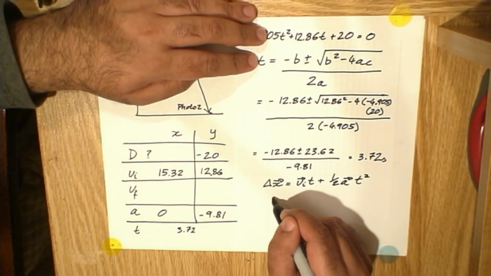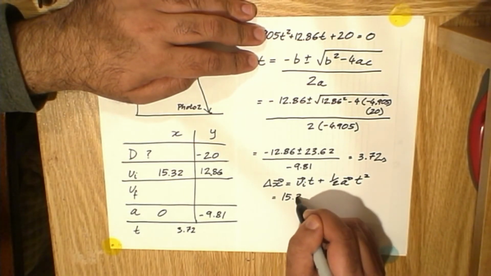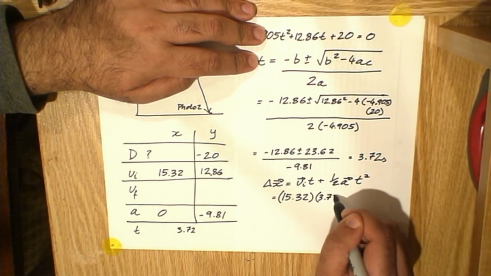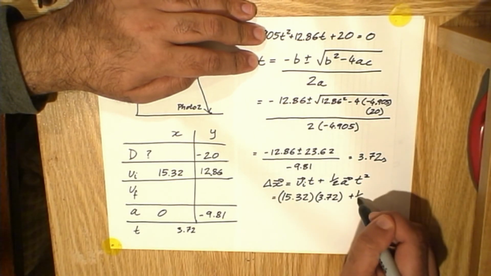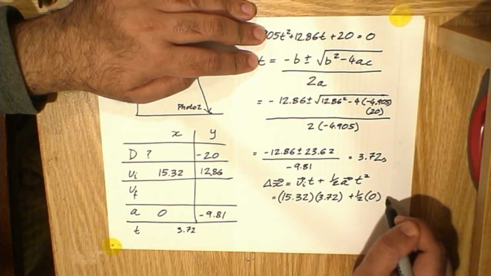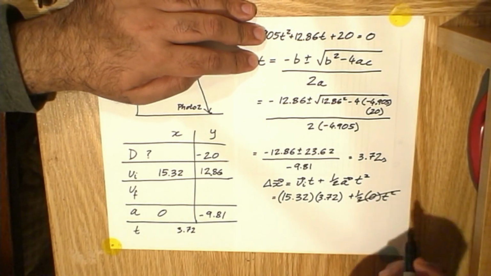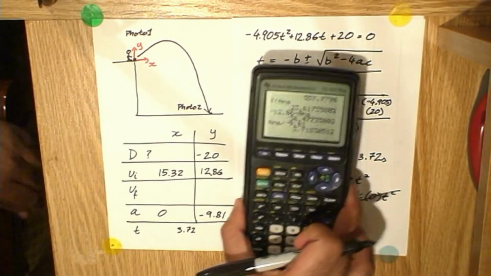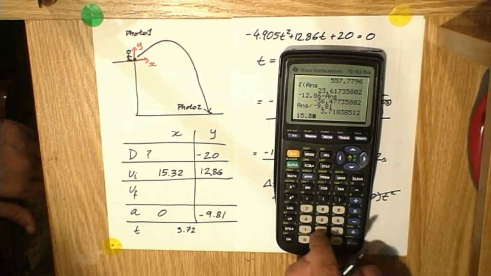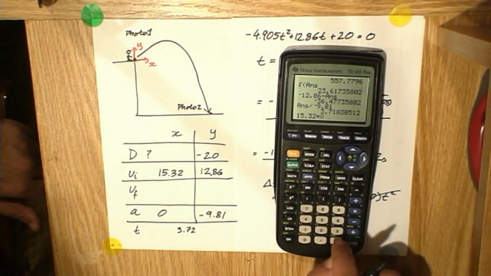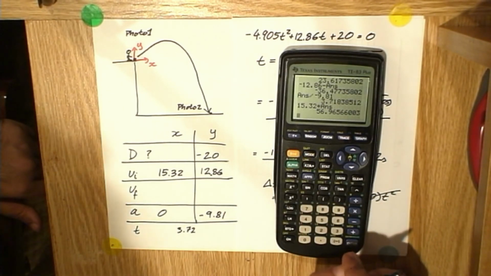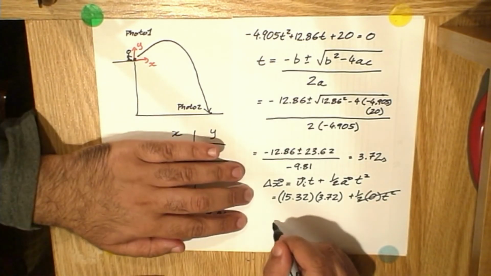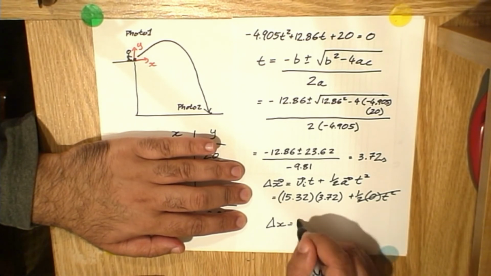So let's plug in what we know: 15.32 times a time of 3.72 seconds plus half times an acceleration of 0 times time squared. This entire term is going to go away. So 15.32 times this time is 56.97.